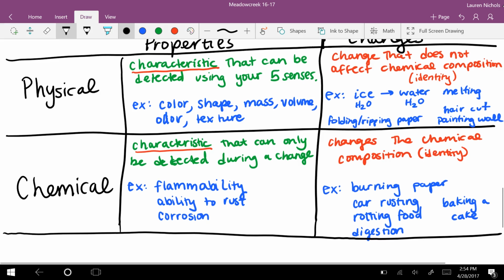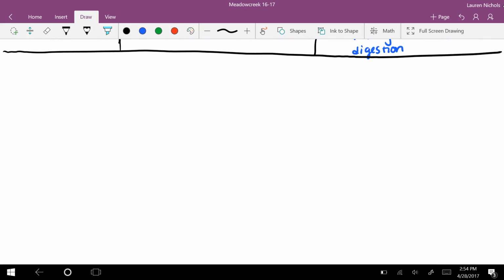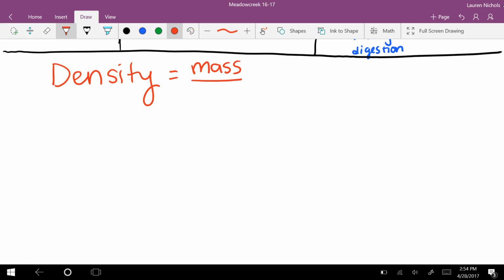Okay, the next really big part is this thing called density. Yay, density. Now, density is equal to the mass divided by the volume. Because it's like this, we know it's a ratio. Oops, not ration, a ratio.